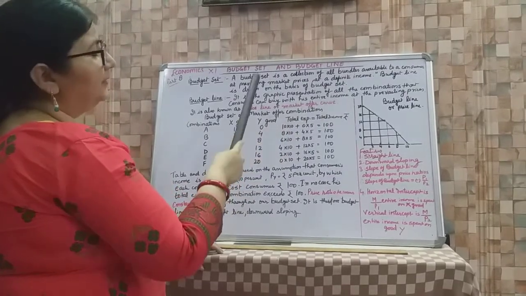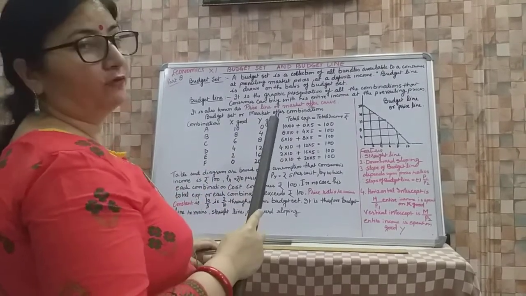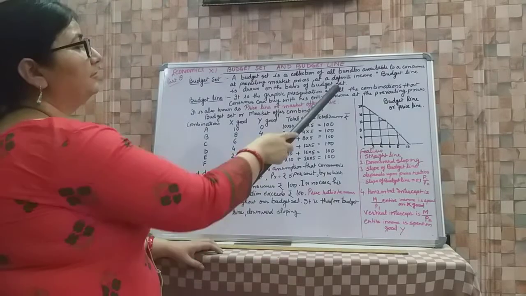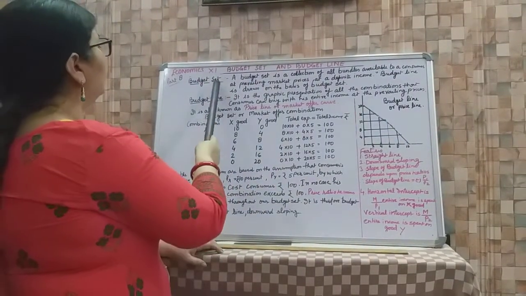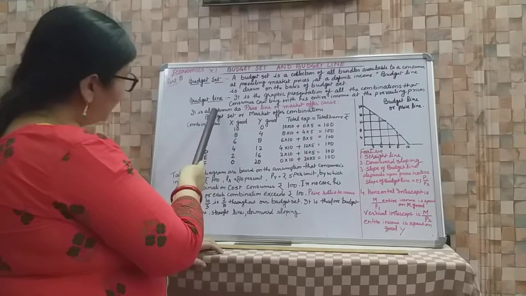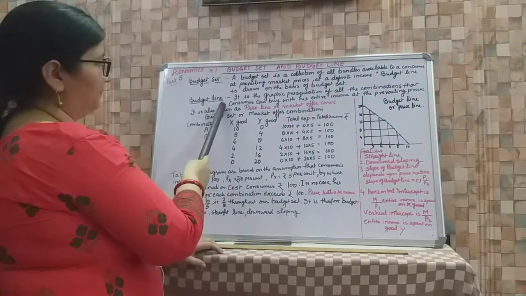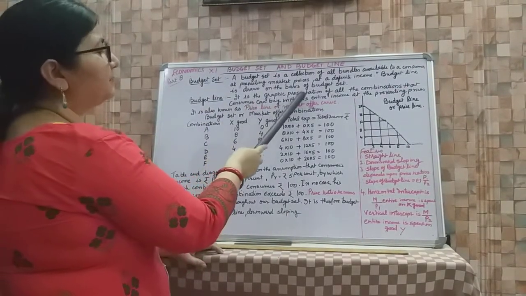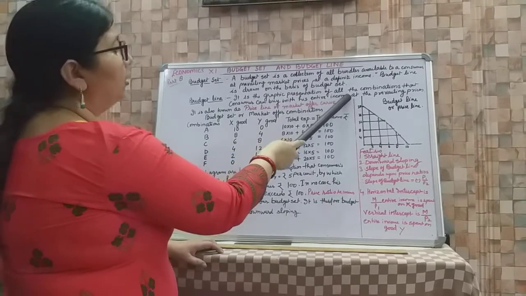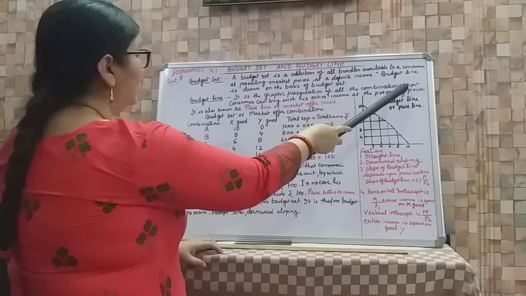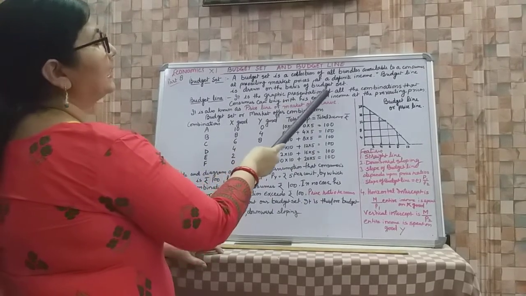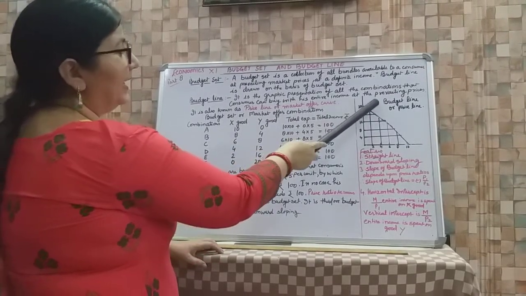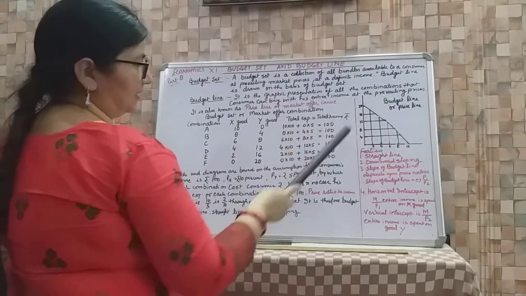Just as we studied earlier how the indifference curve map is made, in the same way the budget set will make the budget line. The budget line is the graphic presentation of all the combinations that a consumer can buy with his entire income at the prevailing prices.